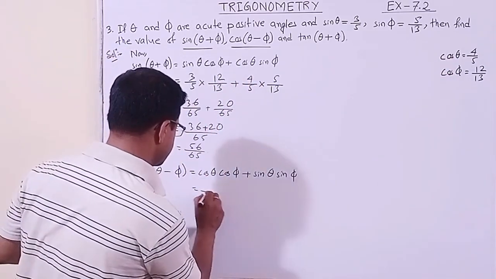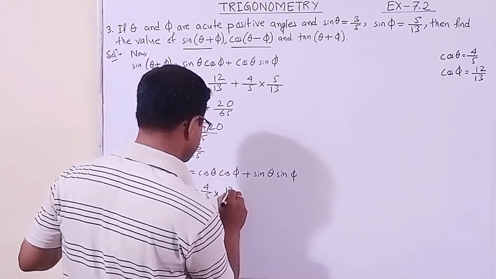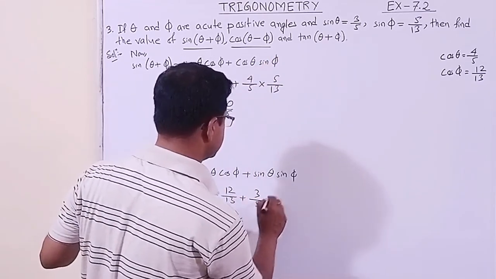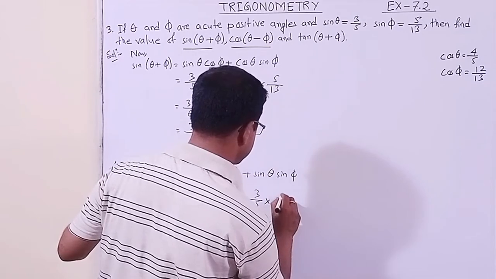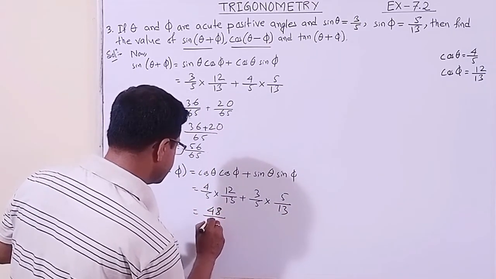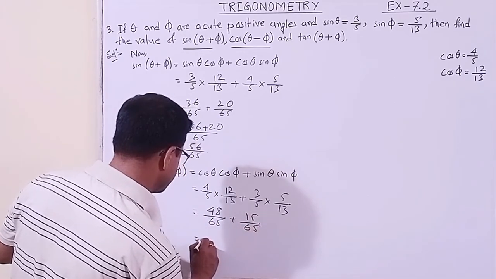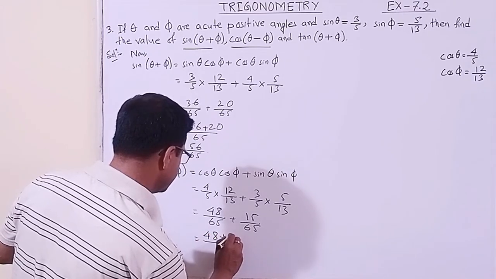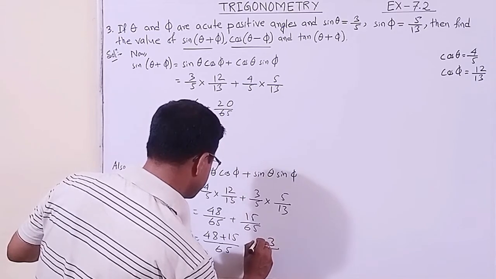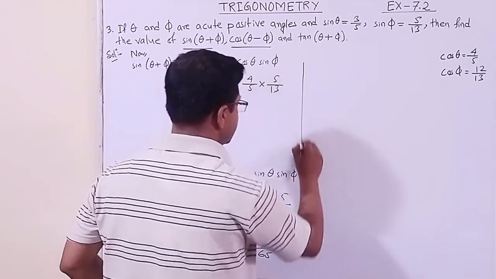You can see this is 4 by 5. Cos phi is 12 by 13, plus sin theta 3 by 5 into sin phi is 5 by 13. Okay, again 4 into 12, 48. This is 65. This is 15. This is 65. So 48 plus 15 divided by 65. What is the value of it? 63 by 65.